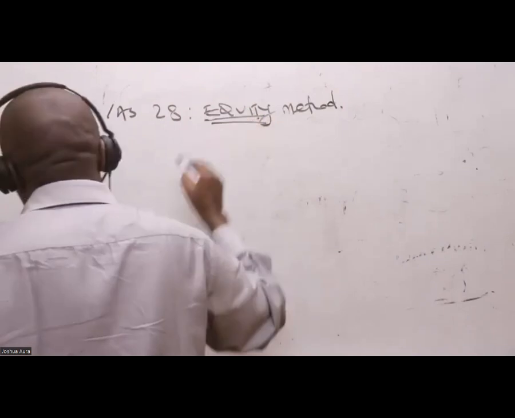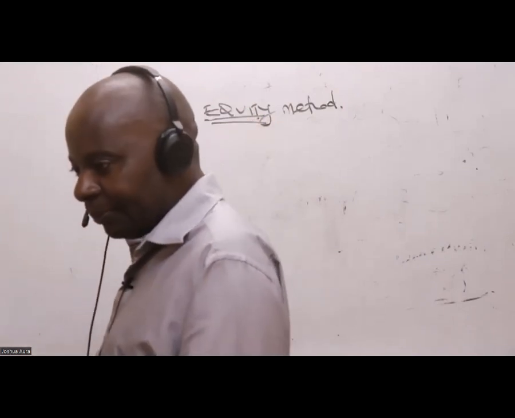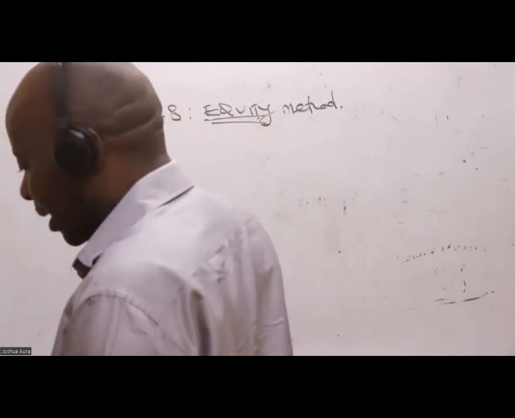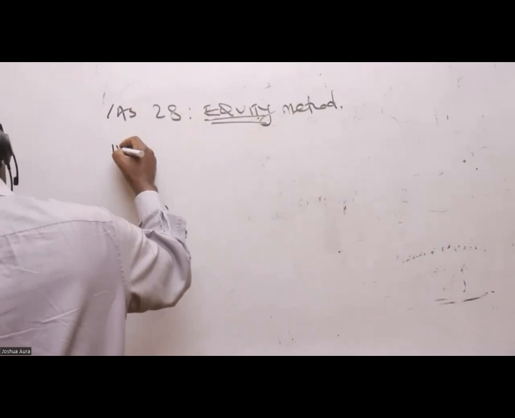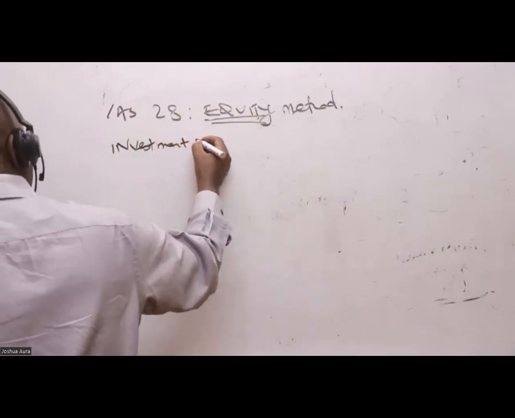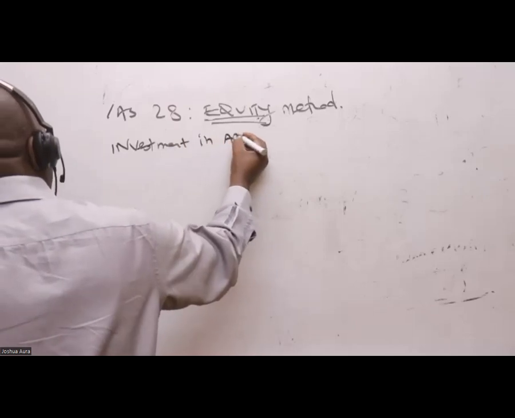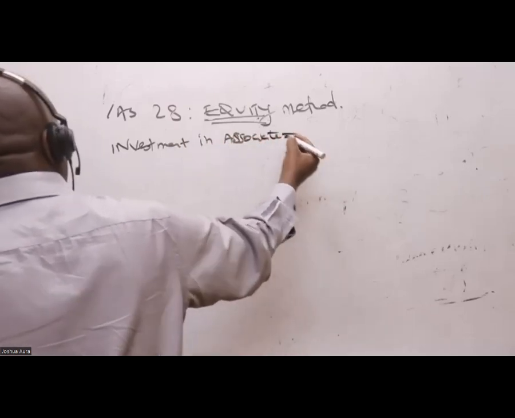Equity, basically, we are looking at the surplus, the profit. So under the equity method, the investment in an associate, how do we calculate this?